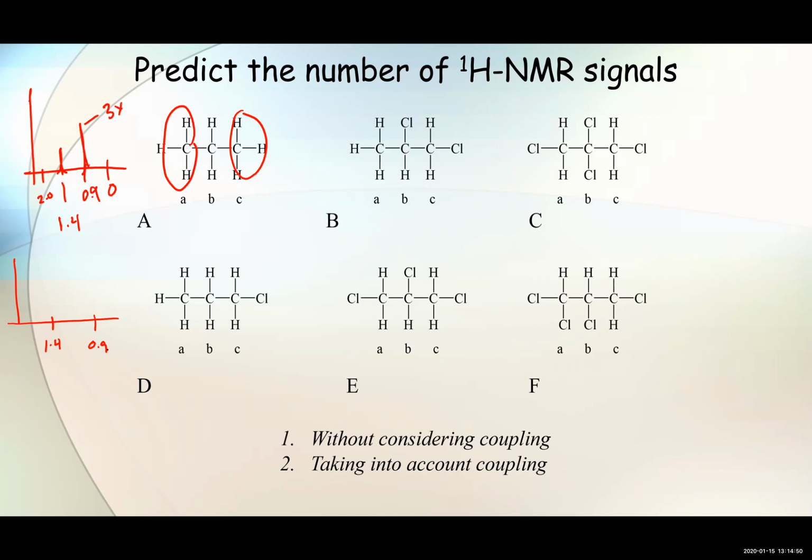So how many peaks would you expect to see at 0.9? 3, because it's 2 neighbors, adjacent to each methyl group. And so you always get one more peak than you have neighboring hydrogens. They actually call this an N+1 rule.